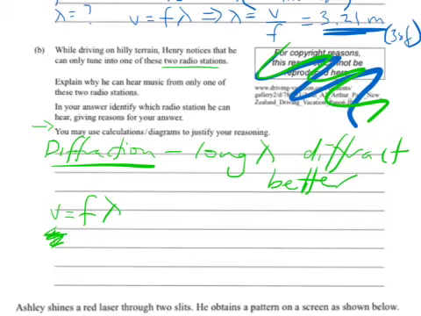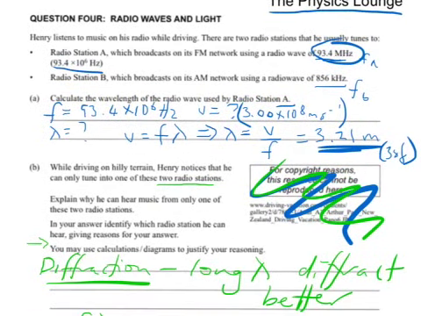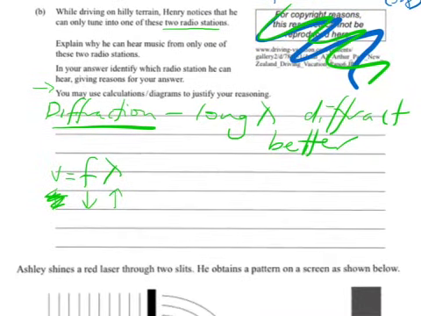But the one with the longest or the highest wavelength will be the one with the lowest frequency. So if we go up and have a look, we can see we've got 93.4 megahertz, that's 93.4 million hertz. We've got 856,000 hertz. So this is the lower frequency, which will mean it will have the higher wavelength. And so radio station B is our answer.